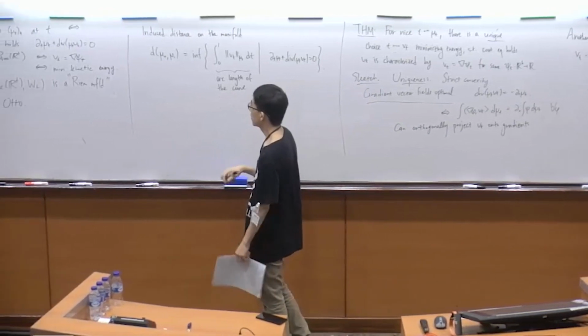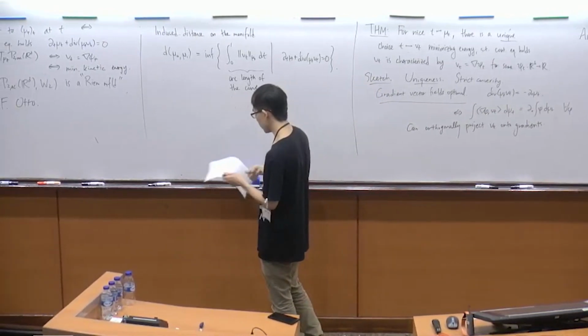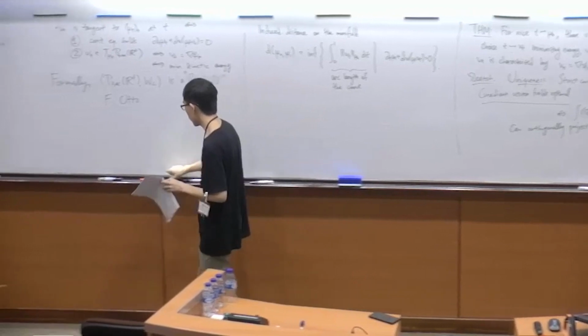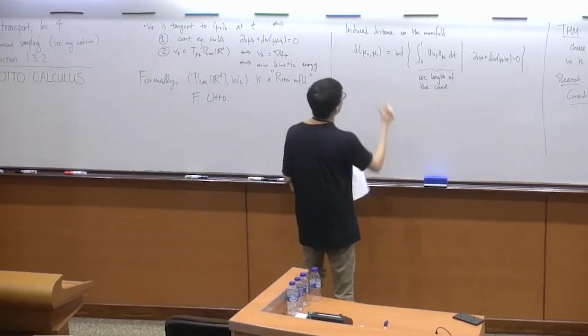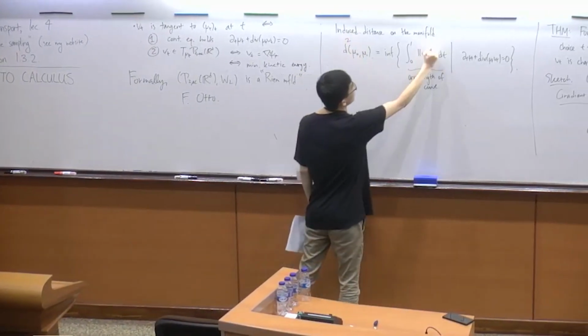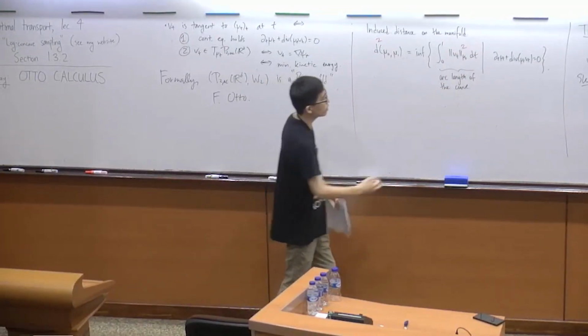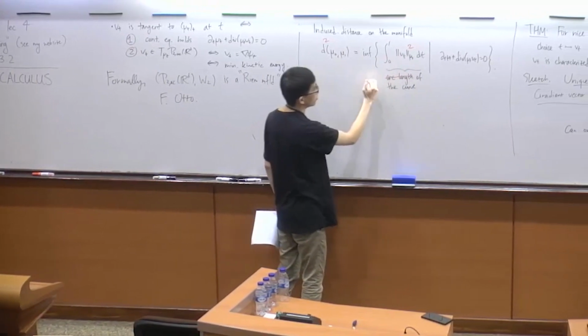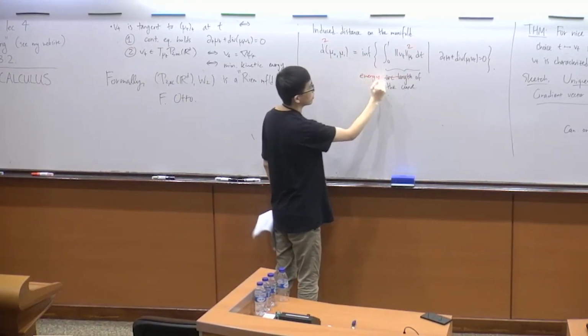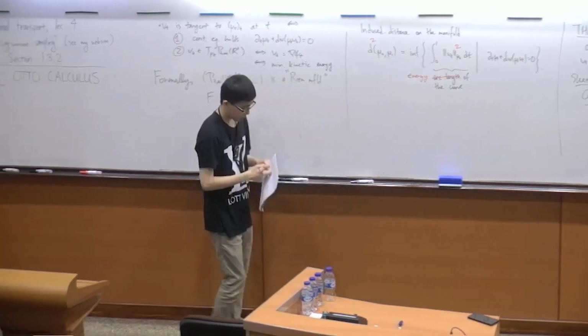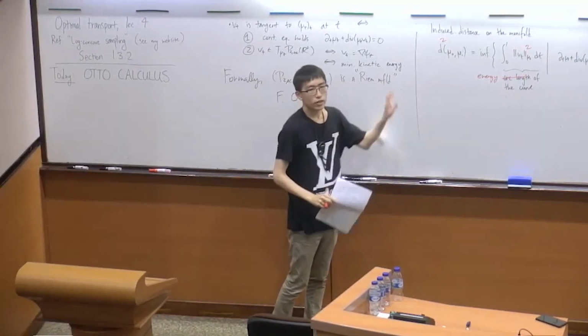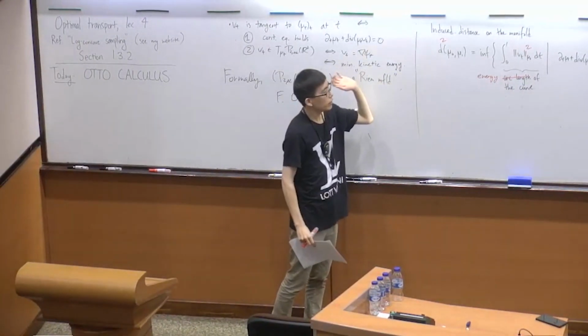So instead, usually what's more convenient to consider is this square, like so. When you put squares here, instead of having the interpretation of arc length, we call it the energy of the curve. So there's only one difference between this problem and the previous problem.